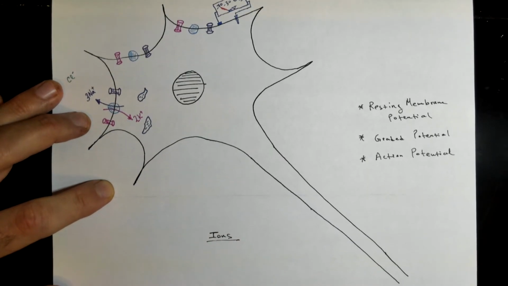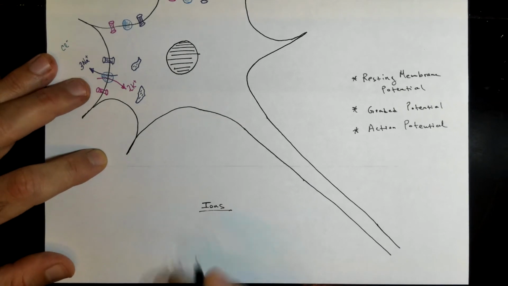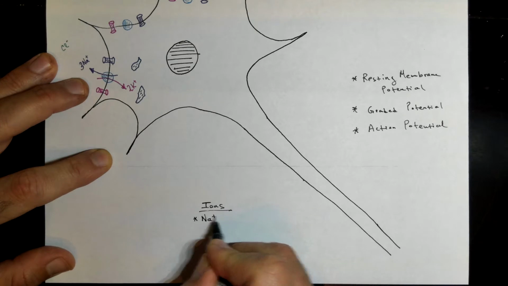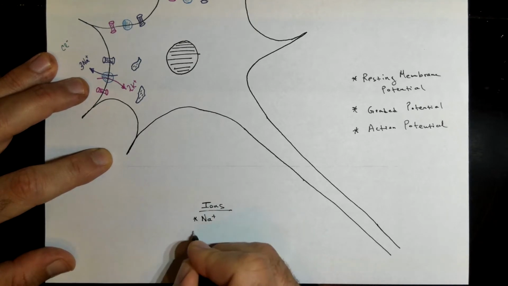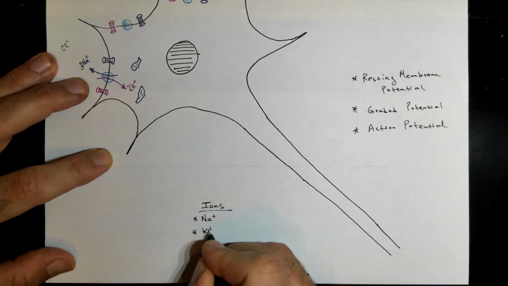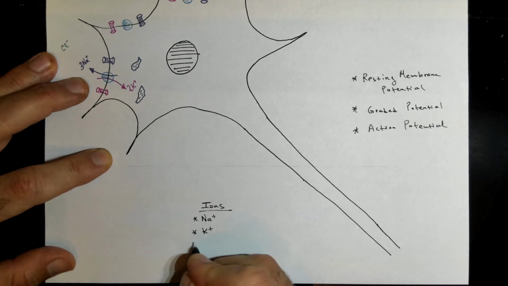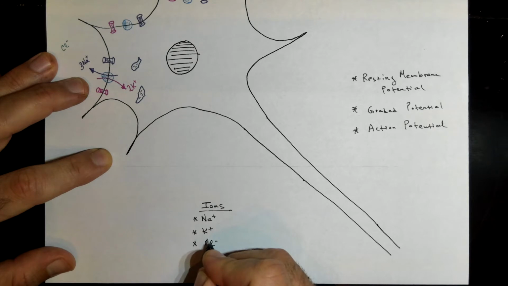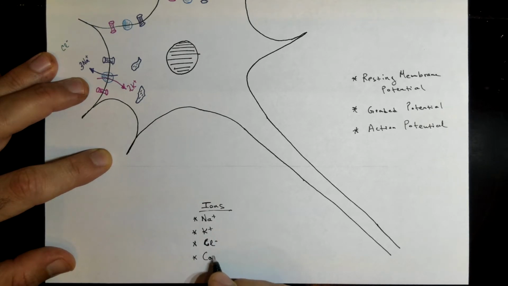More specifically, the ions that we look at are going to be sodium, Na+, potassium, K+. We'll also see chloride, which is Cl-, and we'll also see calcium, which is Ca++.